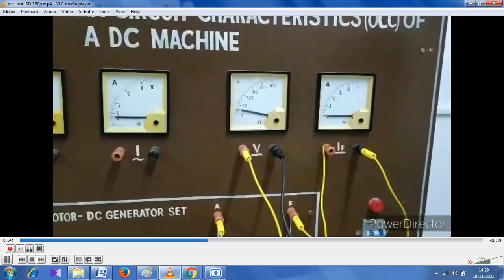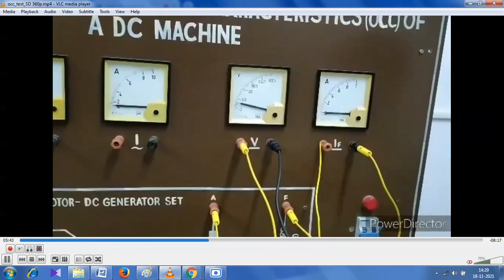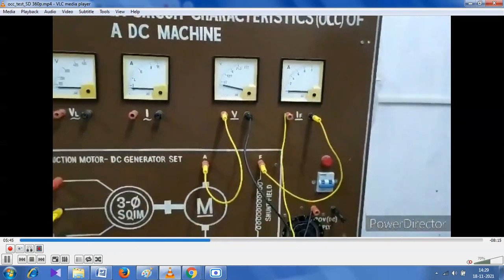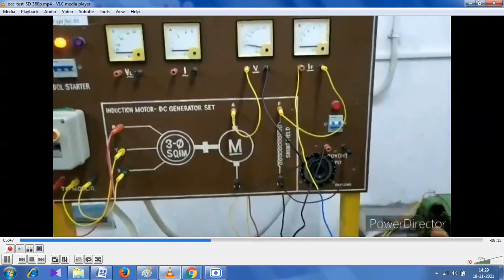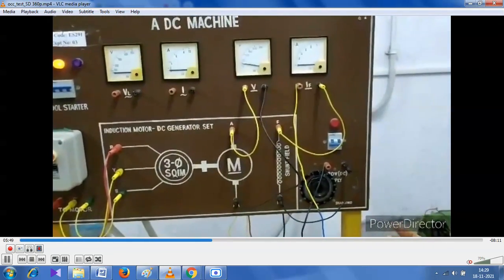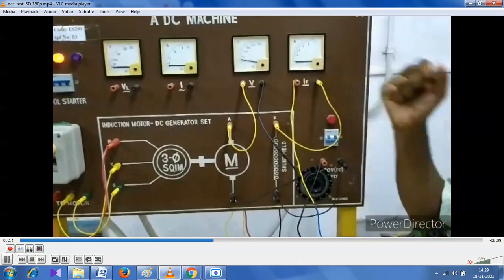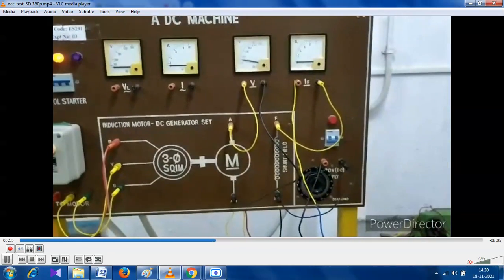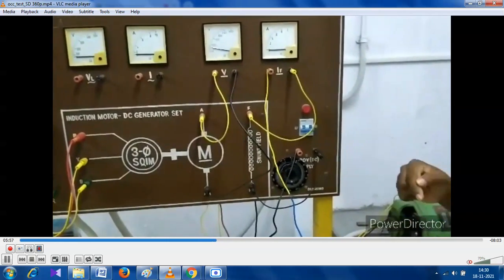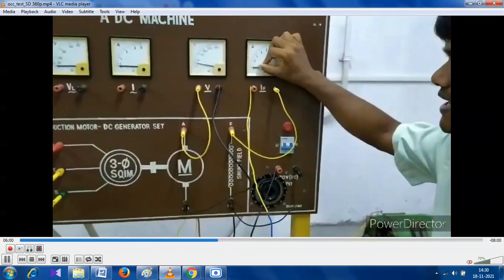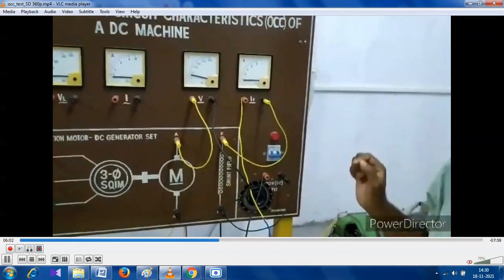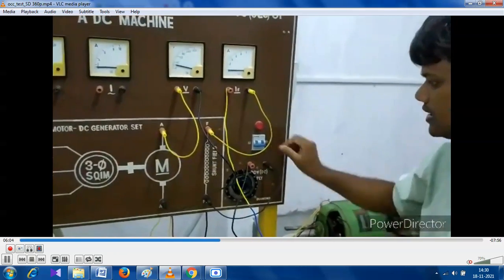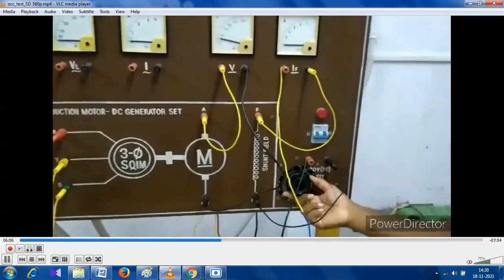What is the reading of the field ammeter at that time? The field current is zero because the meter shows the reading zero.